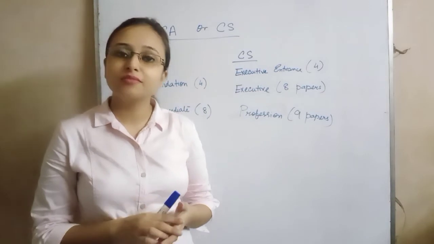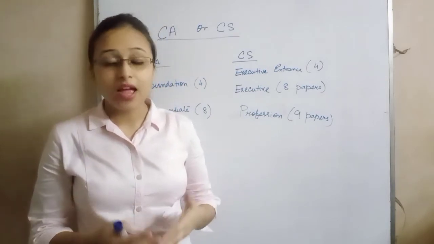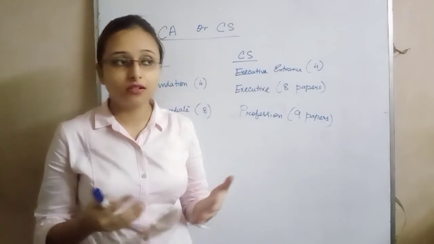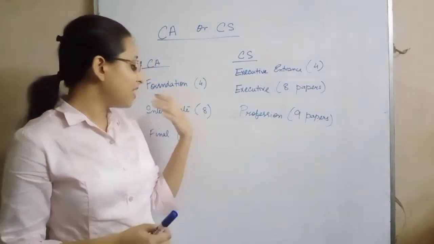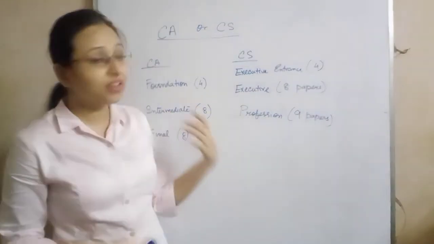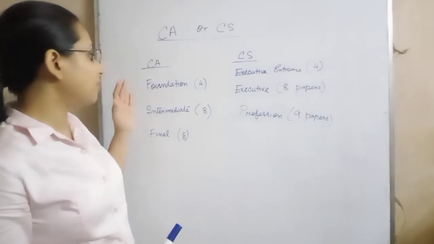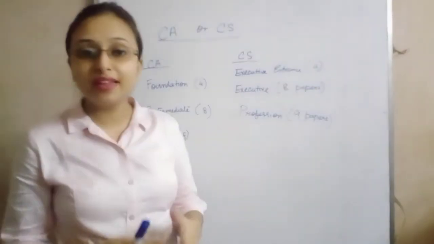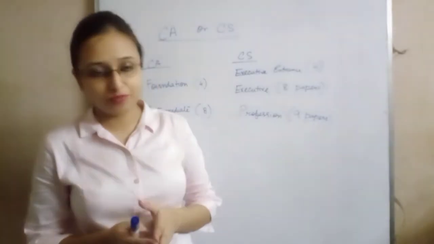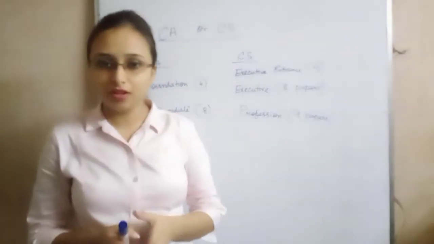CS will consist mainly of theoretical papers. No, there are sums also, and CA also has company law and a theoretical part to it. But CA mainly focuses on calculations and depth of knowledge in taxation, accounting, and finance. CS will mainly focus on theoretical subjects, that is company law, securities law, and secretarial law.